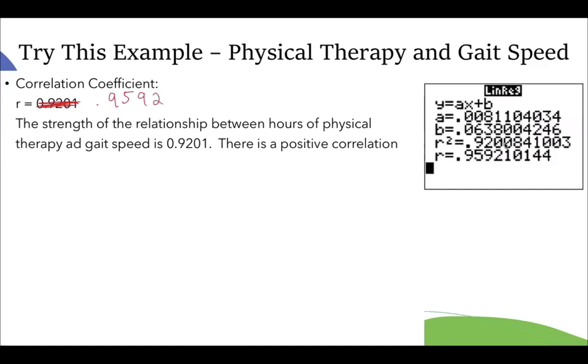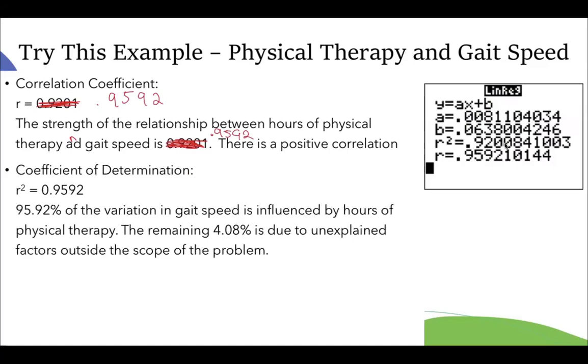It's 0.9592. The strength of the relationship between hours of physical therapy and gait speed is 0.9592. That is a positive correlation. Okay, coefficient of determination. I accidentally swapped these. Let's fix this one.